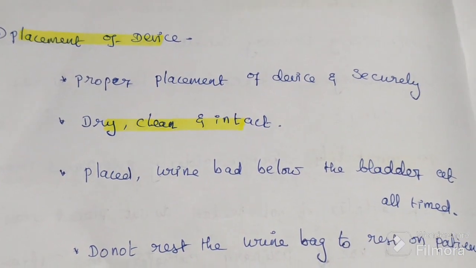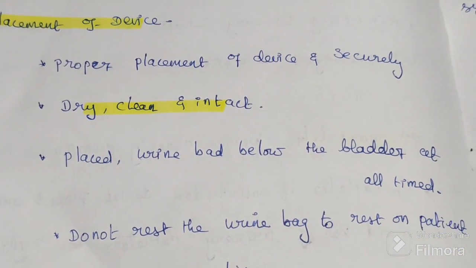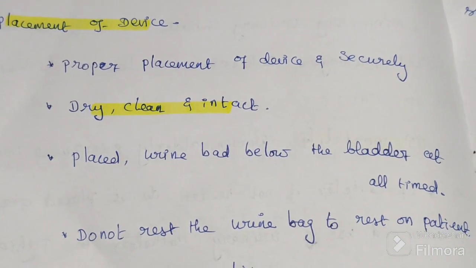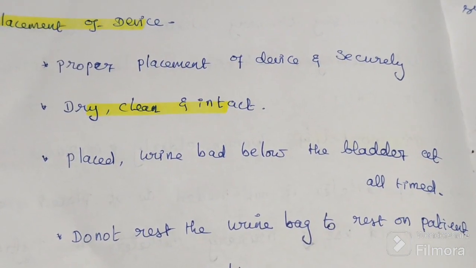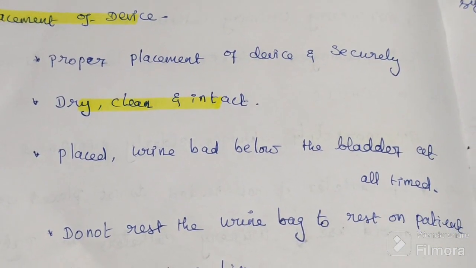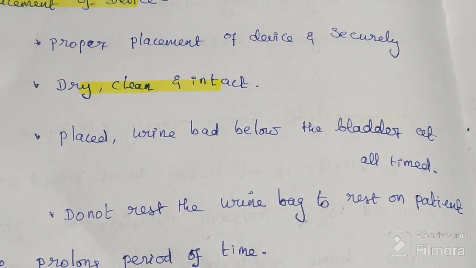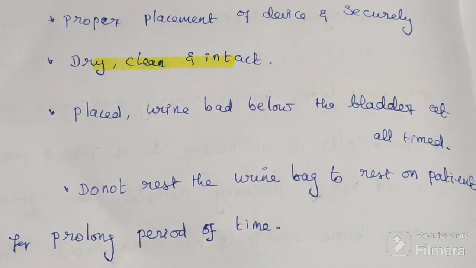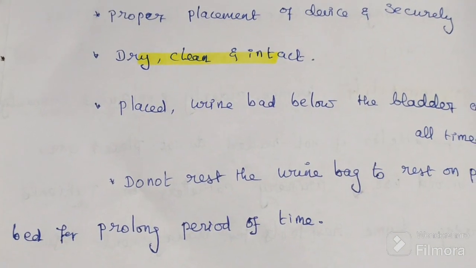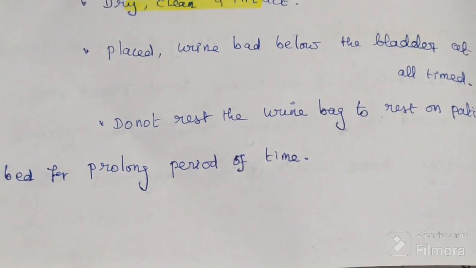So proper placement of device, we place it securely, clean, dry, intact. Place urine bag below the bladder at all times. Do not let the urine bag rest on the patient bed for a prolonged period of time.